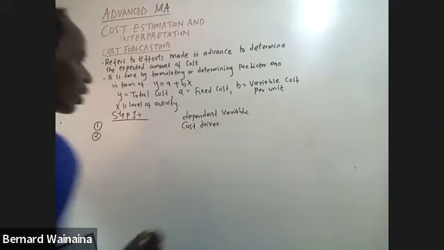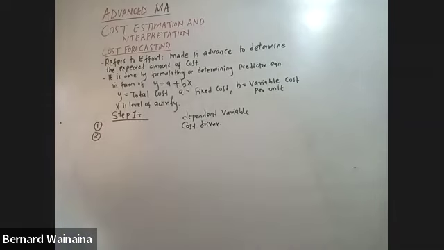These are costs which come in because of particular factors. For example, if the number of units increases, cost might increase. That unit increase is a cost driver because it has driven the cost to increase.